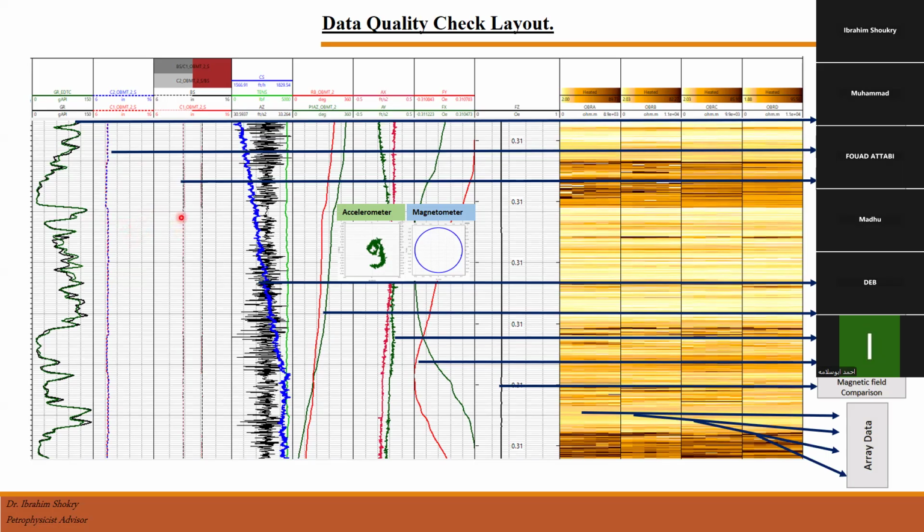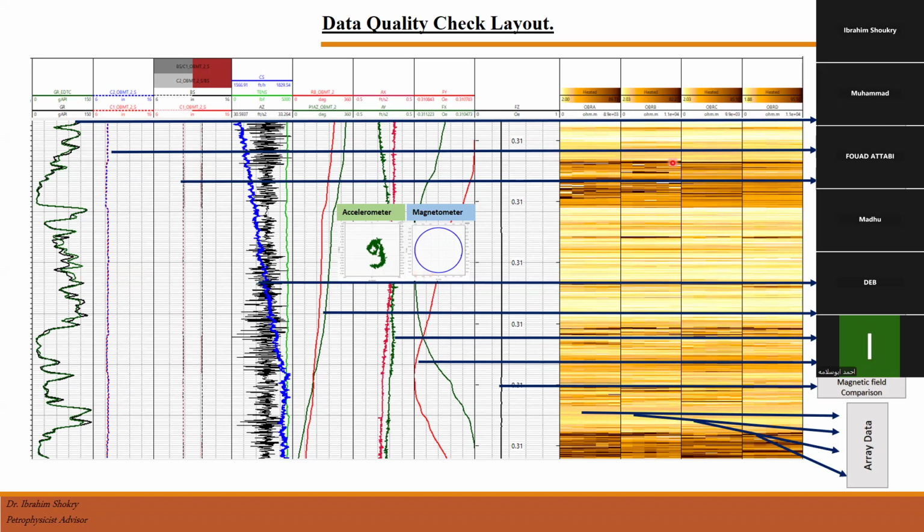Third track is the calipers in terms of the hole shape, to figure out where the washout and tight spots are and so on. The first track comes from the cable speed and accelerometer, which comes from the three-axis acceleration, and these are three curves of acceleration and these curves of magnetometer, to make a basic quality check that your data come in with a good response and good quality.